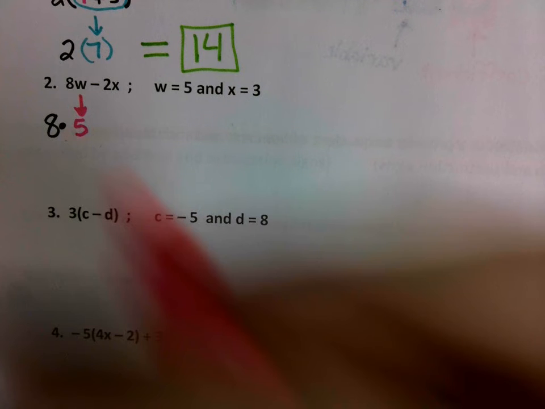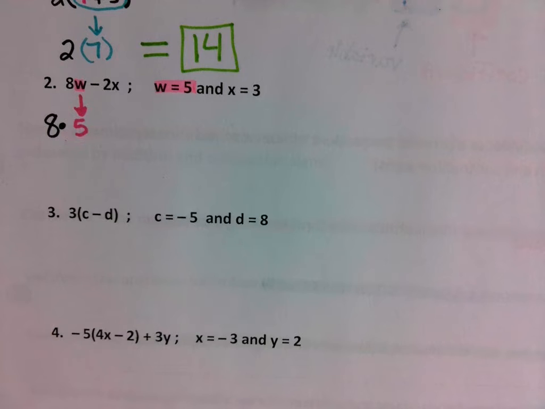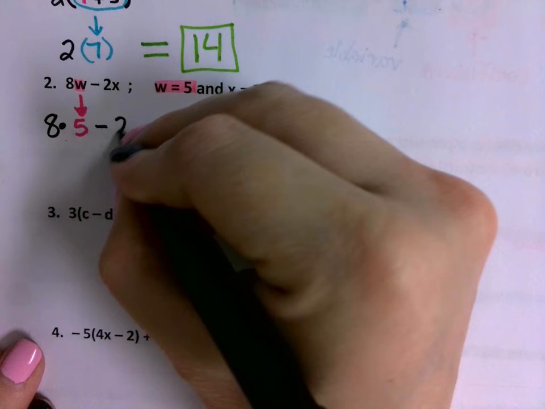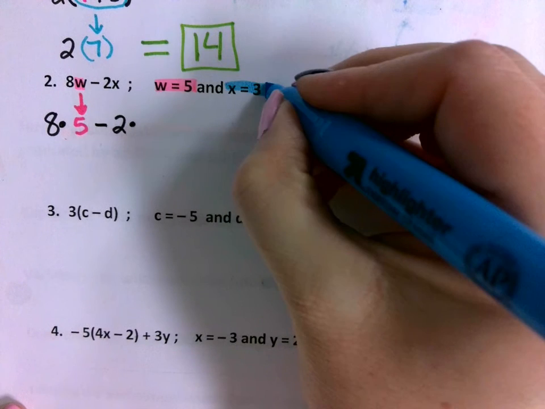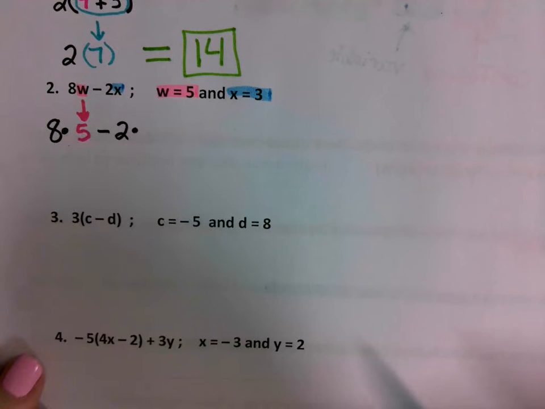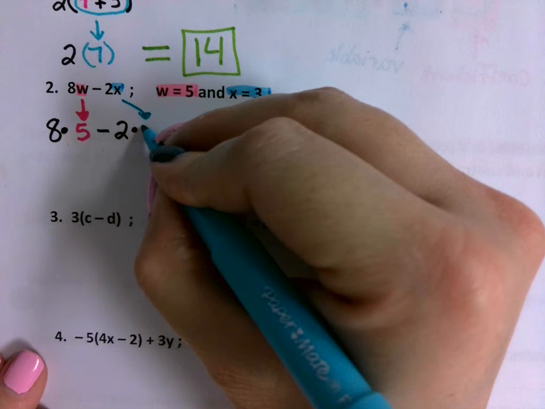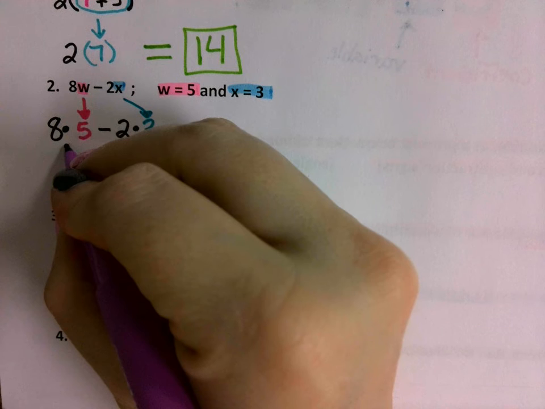Okay? Then we're going to have minus 2 times what? 2 times 3. So I'm going to go ahead and highlight my x in blue. So I've got 2 times 3. Okay, and again, order of operations says that I need to do 8 times 5 and I need to do 2 times 3 first.